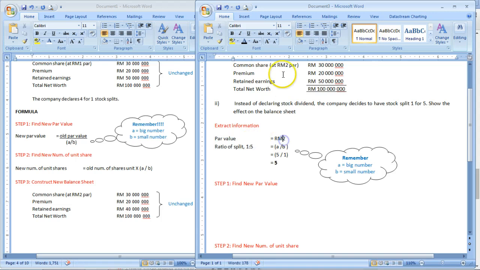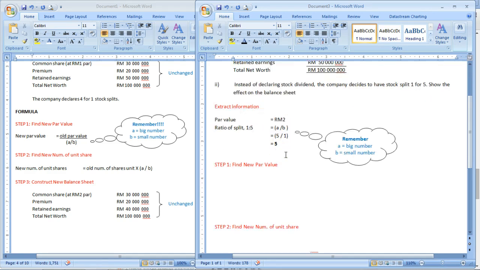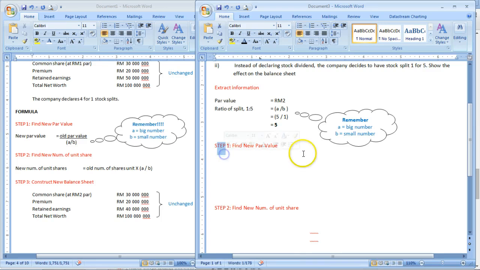Par value is RM2, class. And your split ratio is 1 for 5, which means your A is 5 and your B is 1. The big number is A and the small number is B. It's not necessarily the order as written.